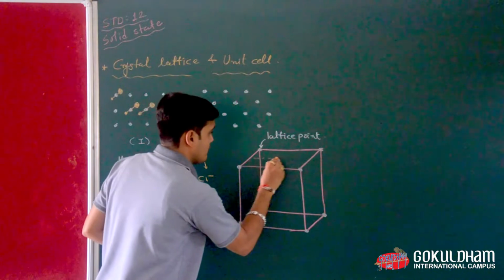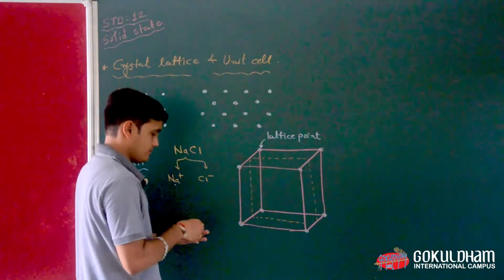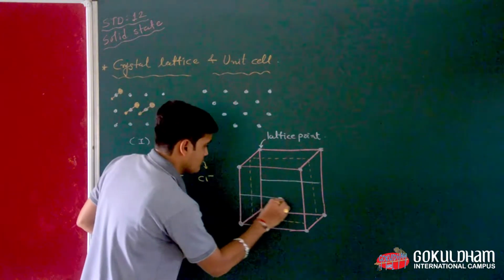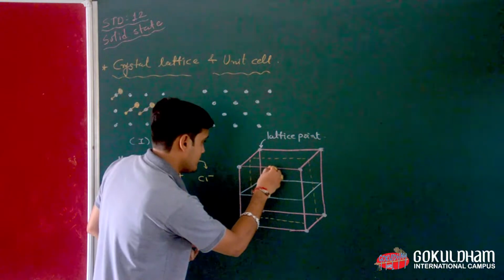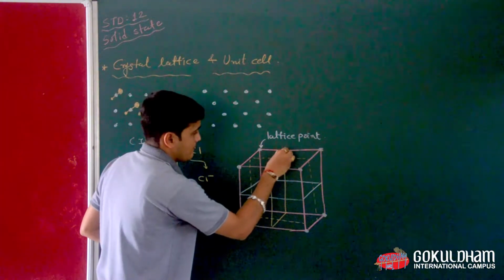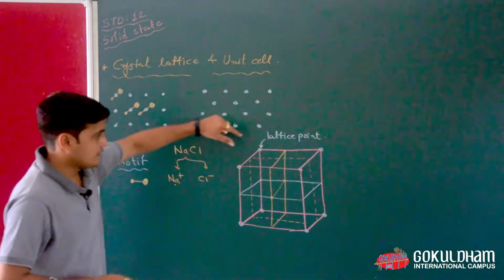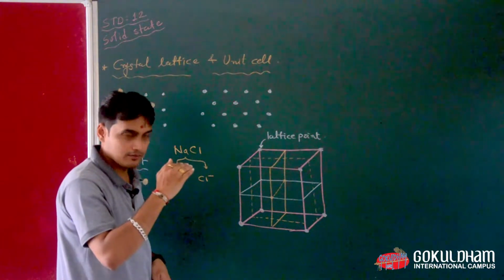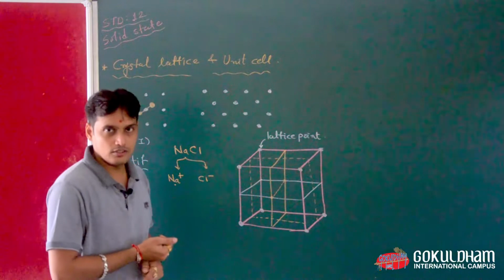If we cut this lattice into 3 different layers, one vertical, another horizontal, and the third from the center of these parallel lines, you will see there are 1, 2, 3 and 4 small cubes generated in the upper part of the layer, and the 5th, 6th, 7th and 8th, the other 4 parts, are generated below the middle layer.